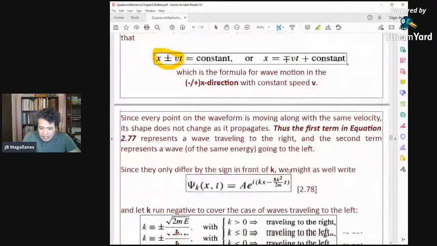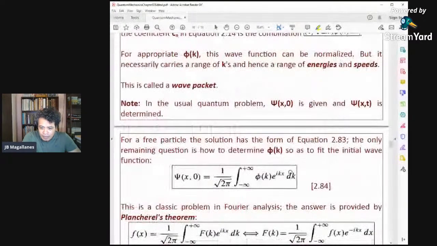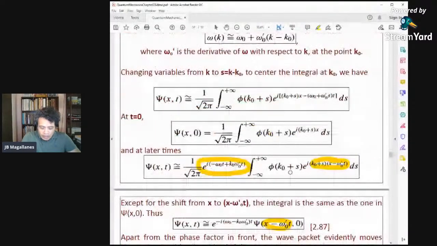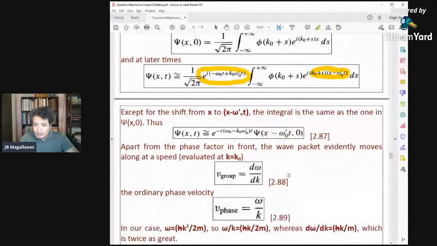In this case, the function is a function of x minus omega prime sub 0 t, and this is the group velocity of the wave, which could be traveling left or, in this case, traveling to the right.